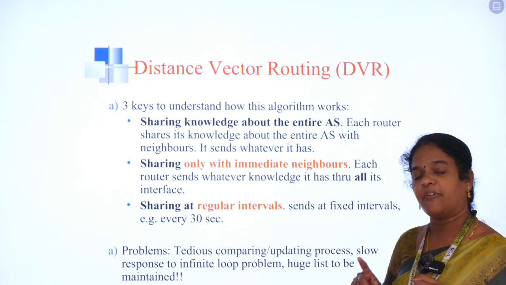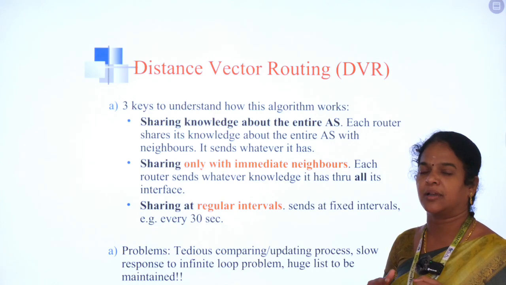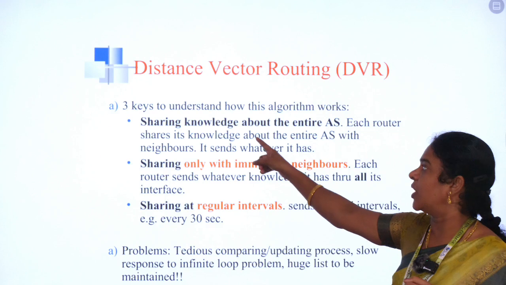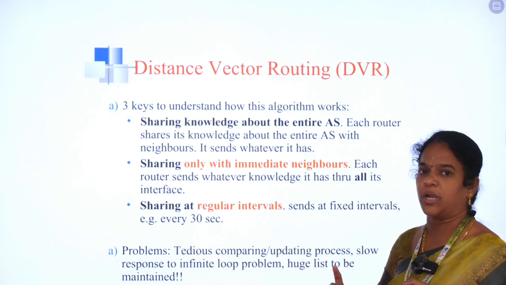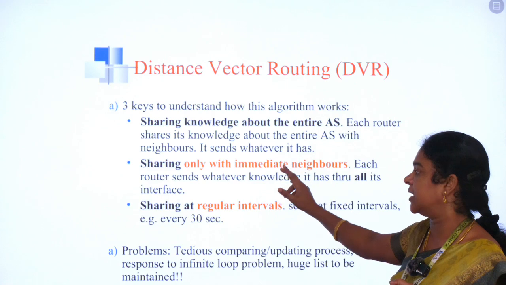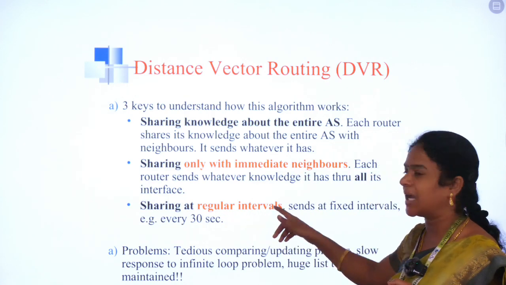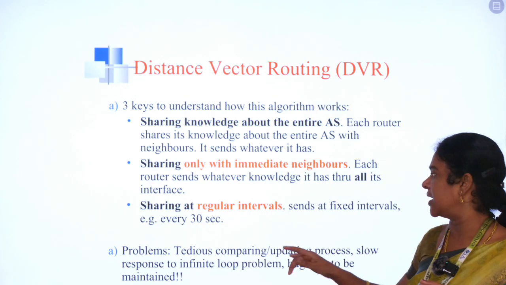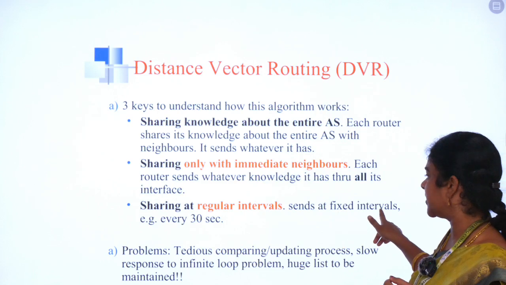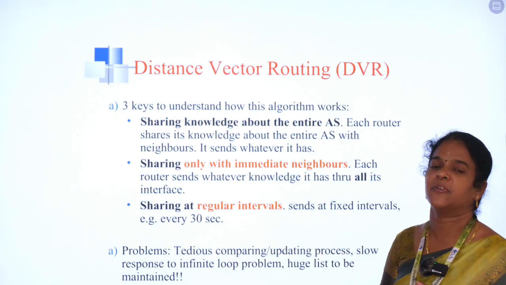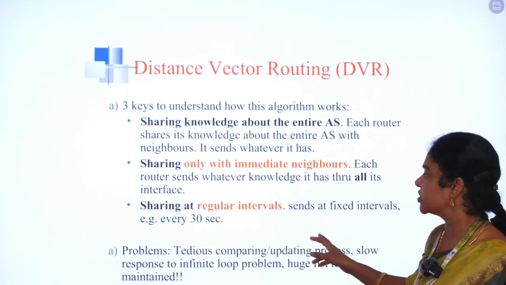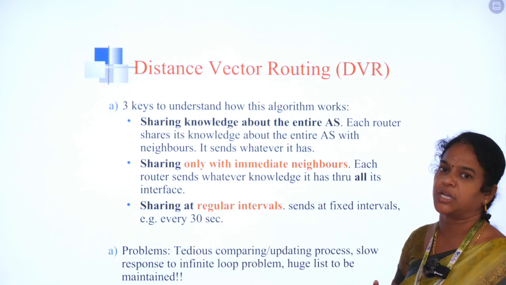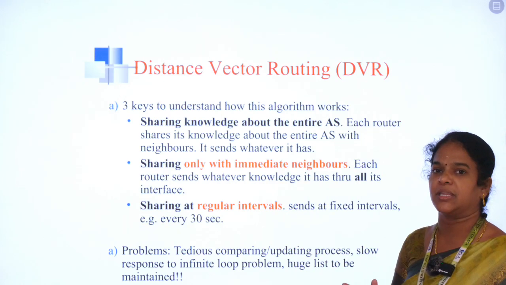Third, sharing at regular intervals, that is at a fixed interval of time. For example, we fix every 30 seconds or every 1 minute and so on. Okay, so these are the key points to share the cost between the nodes.